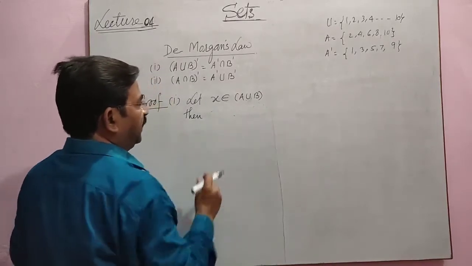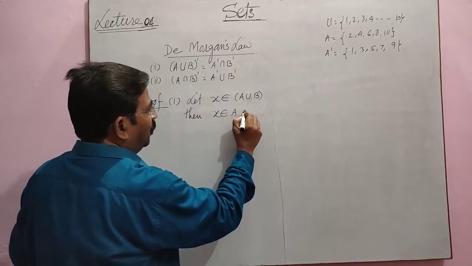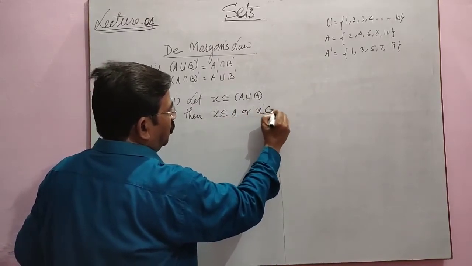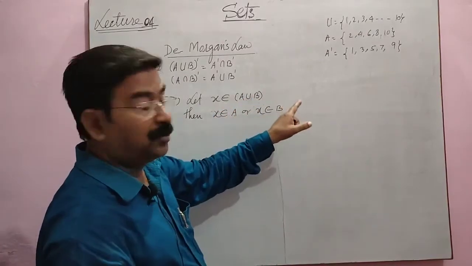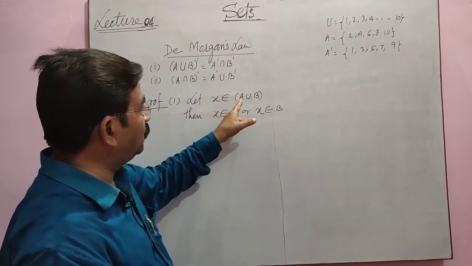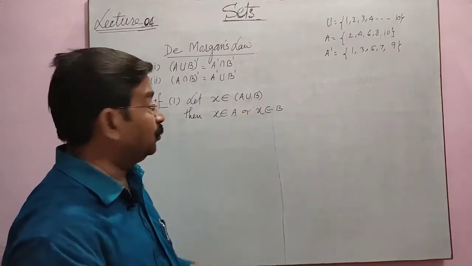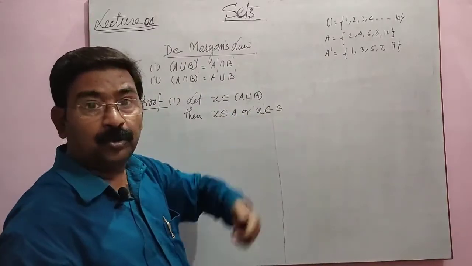Then you can say X belongs to A or X belongs to B. I told you, when we use the union of sets, we use the word "or". If X belongs to A union B, it means X belongs to A or X belongs to B.